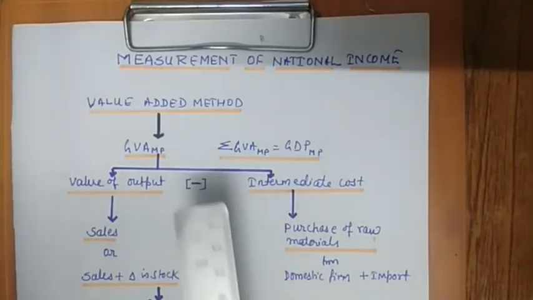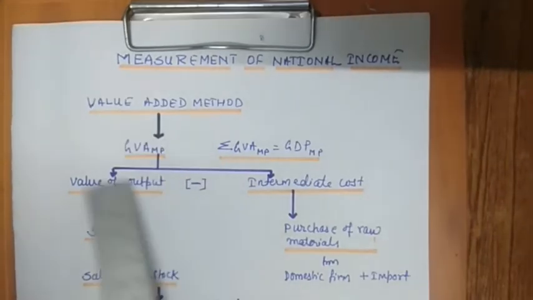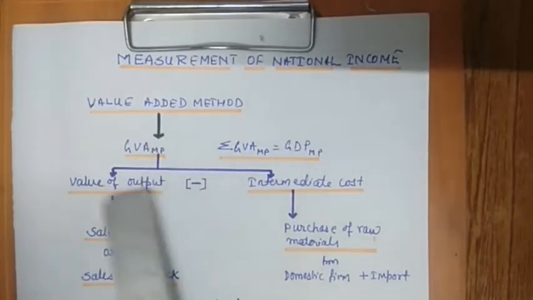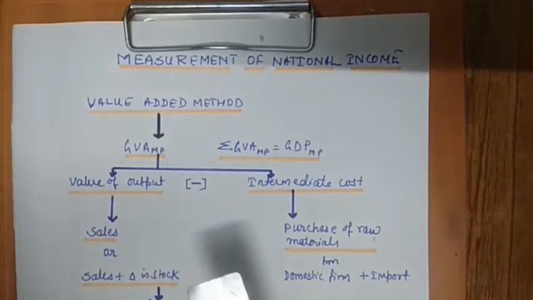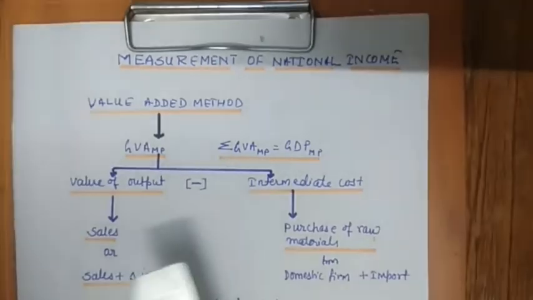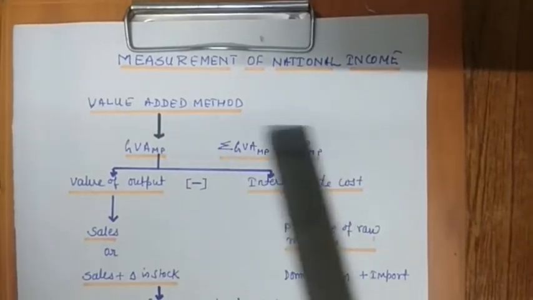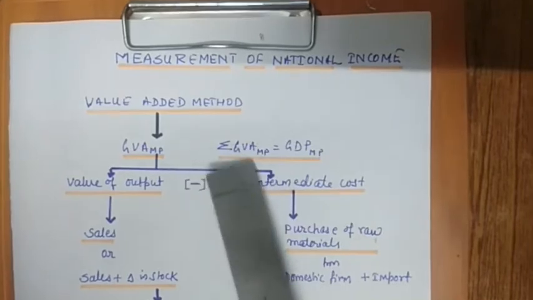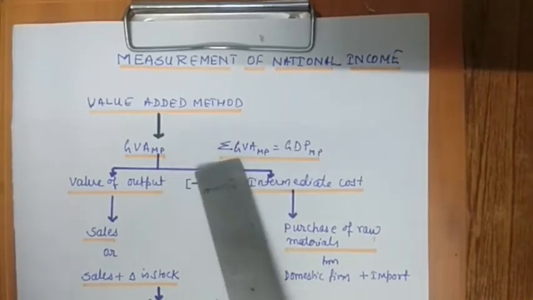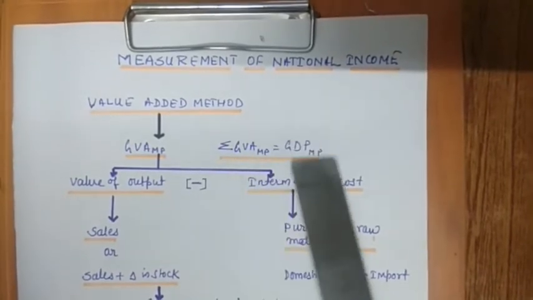The sum total of GVA at MP of all production enterprises within the domestic territory of a country during 1 year is equal to GDP at MP. That is why it is said that sum of GVA at MP is equal to GDP at MP.